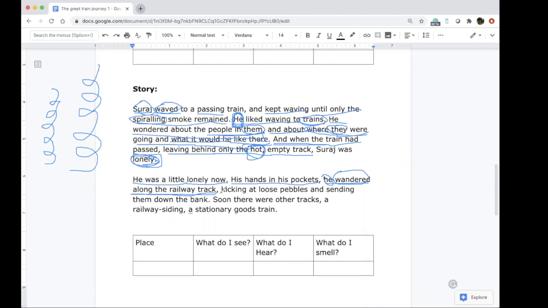While he is walking, he's also doing something. What is he doing? He's kicking pebbles. What do you think is the meaning of pebbles? Again, you can use the information that is in the sentence. Sir, stones. Yes, pebbles, stone. Along the railway track, there will be a lot of stones, yes or no?